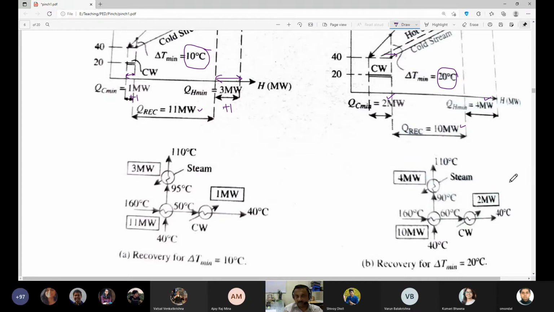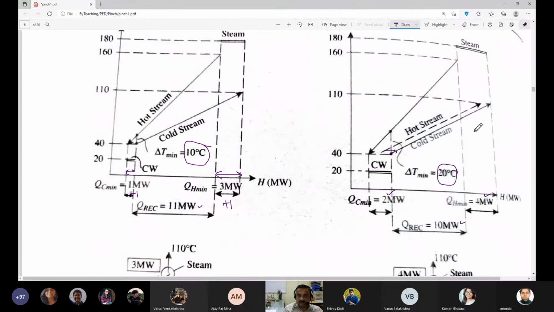Whereas in this case we have very similar schematics, only the numbers change here. See, the numbers are changing here too. This is 95 degrees centigrade, and here it is 90 degrees centigrade, because you will see from the plot that this has shifted, right? So earlier this line was meeting here. This was the temperature here.